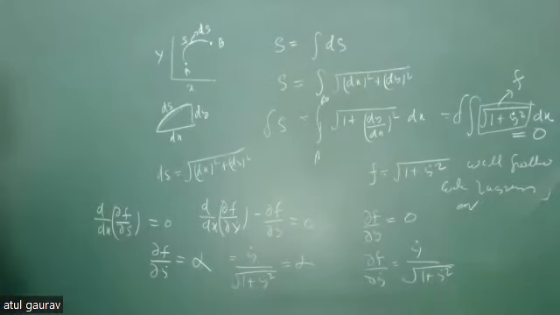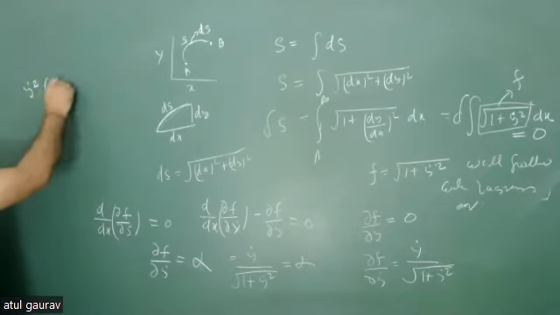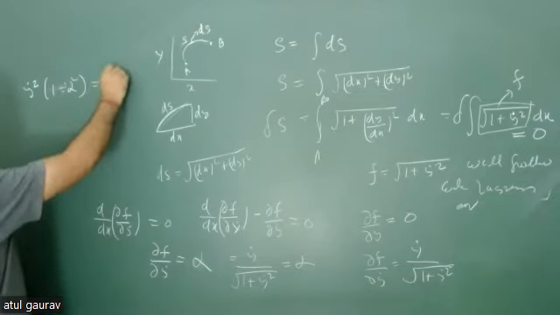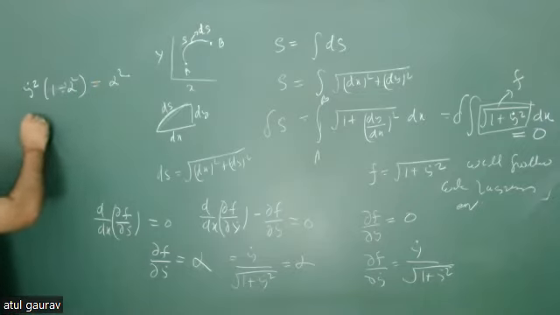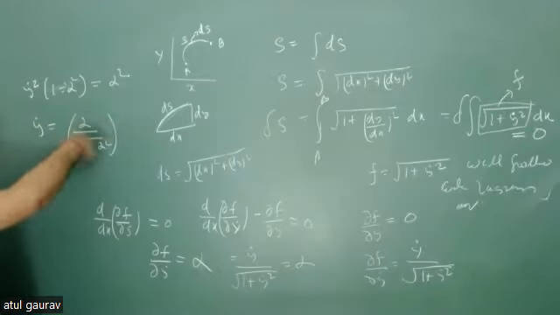So y dot square times 1 minus alpha square is equal to alpha square. So y dot is equal to alpha by root under 1 minus alpha square, which is also some constant.